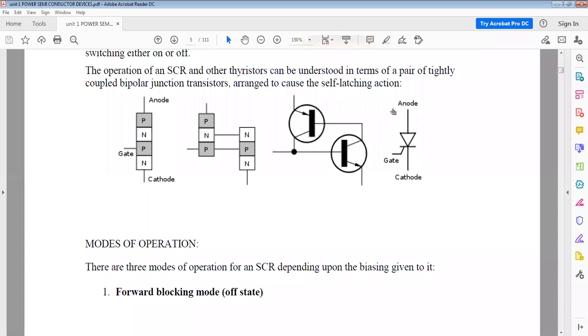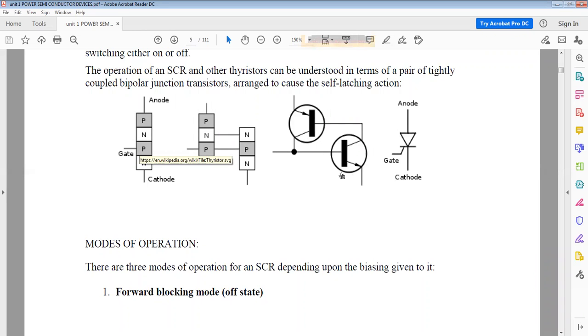The symbol of SCR has anode, cathode and gate. The anode is connected to the P terminal, the N terminal is the cathode, and near the cathode there is a P terminal, at which we connect the gate. There will be 3 terminals.